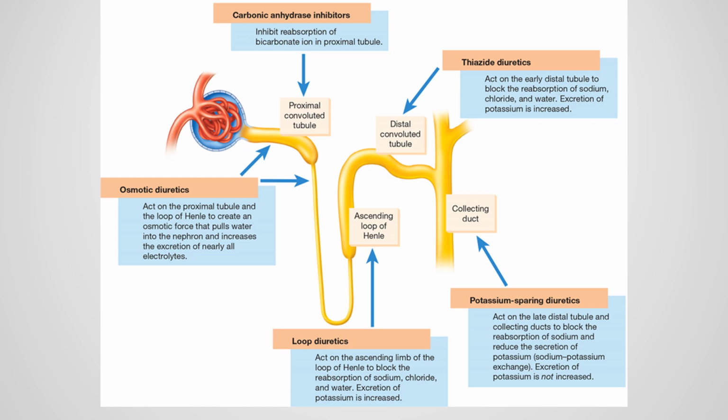Under potassium-sparing diuretics, you can put spironolactone, triamterene, and amiloride. And we'll get to those. So just have an idea. All these diuretics, they're pretty cool. They work in different parts of the nephron.